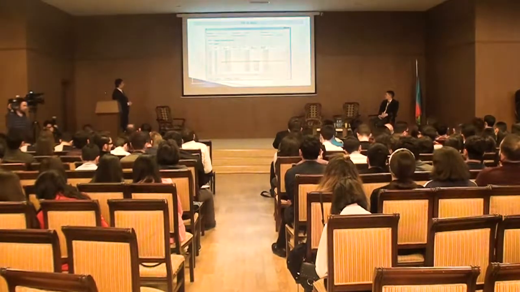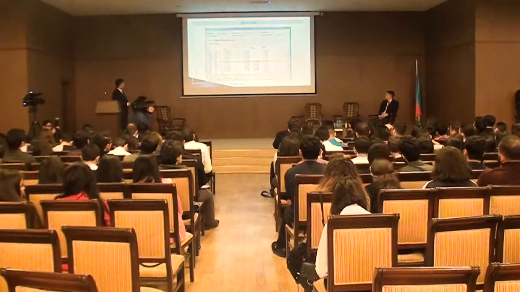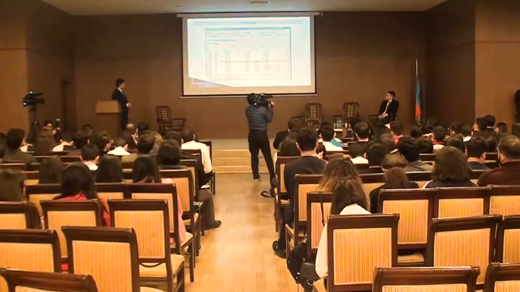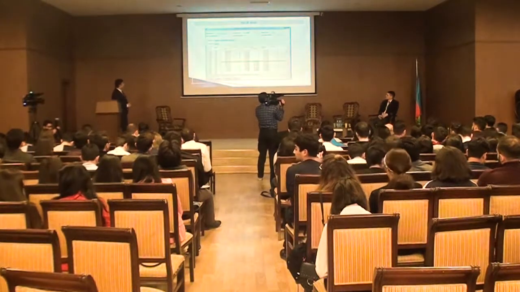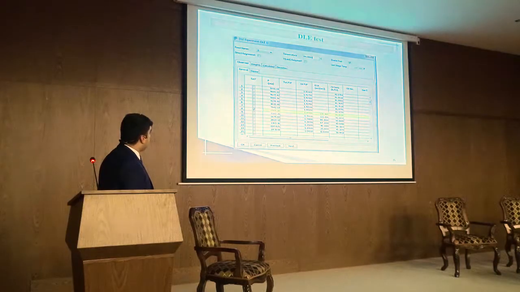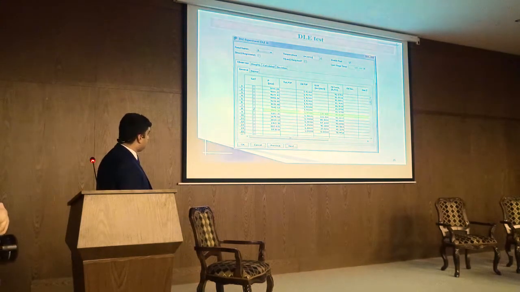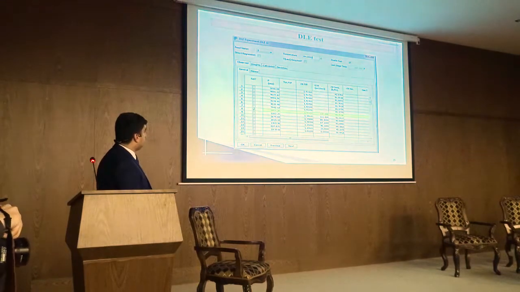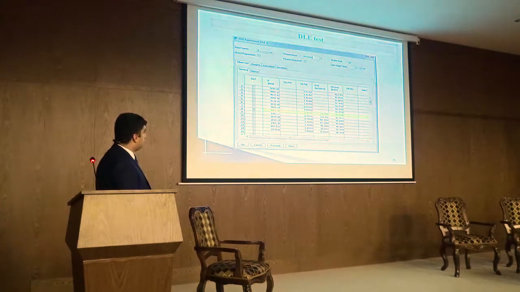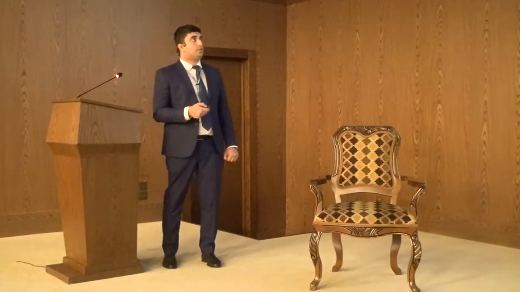DLE test for well number 3. It is also an offshore field, and this is the bubble point pressure, and these are oil formation volume factors. For this pressure, we define gas oil ratio. This means that after bubble point, as you know, first gas bubbles will expand, and it is the gas oil ratio for this pressure and oil density. This is the adaptation of oil formation volume factor.